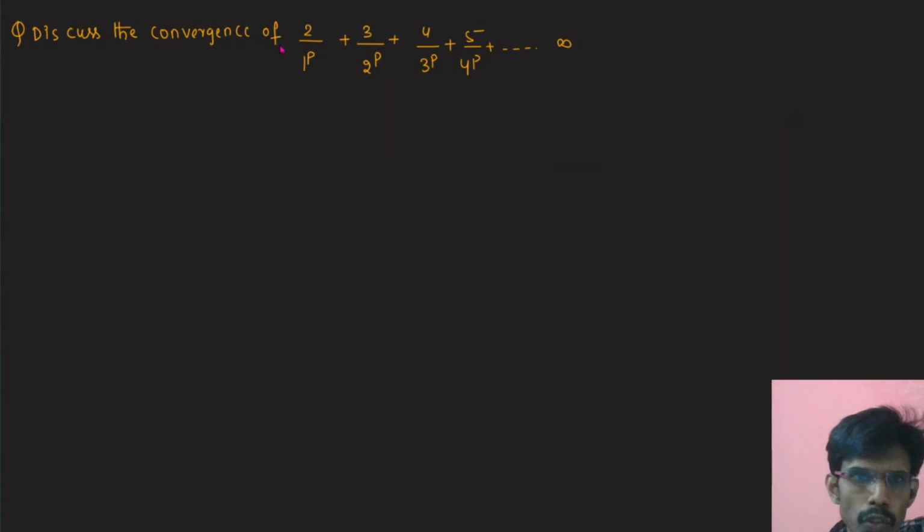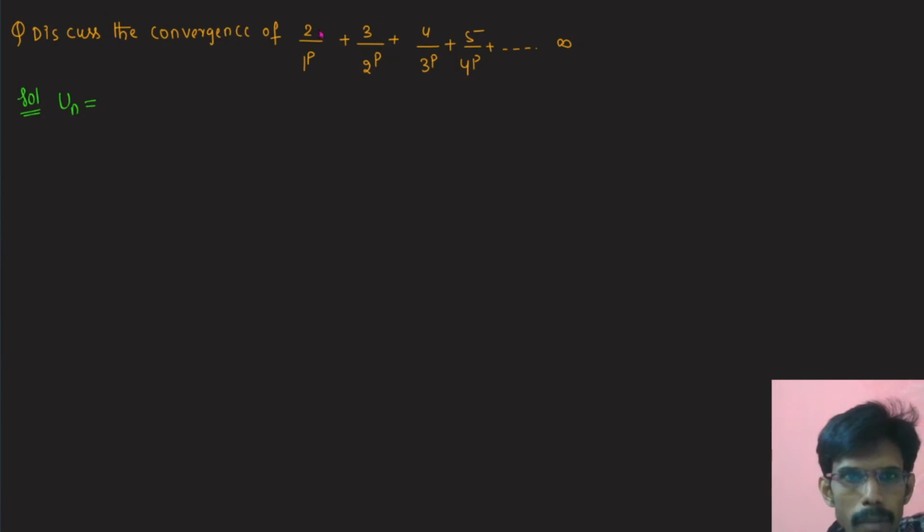Discuss the convergence of the given series here. Now let us see the solution. Here the general term un will be, see the numerator, here we have 2, 3, 4, 5, that is all numbers are in arithmetic progression AP.